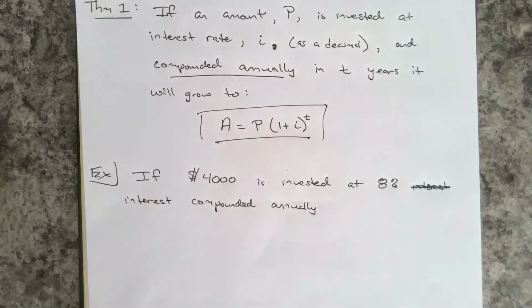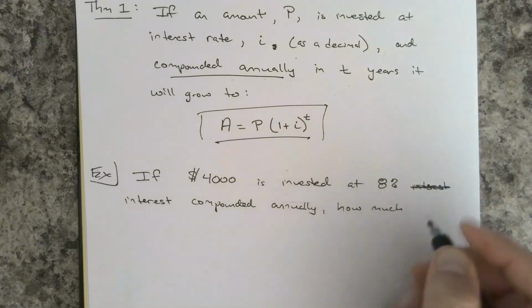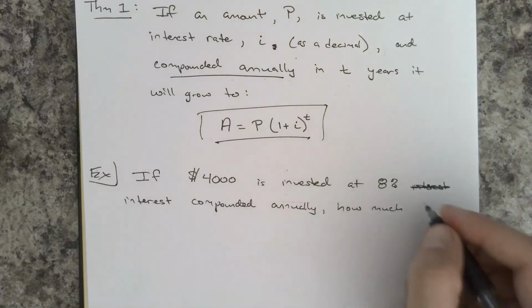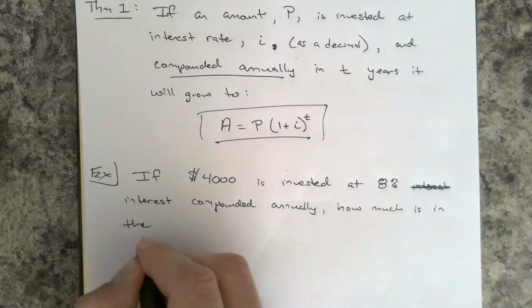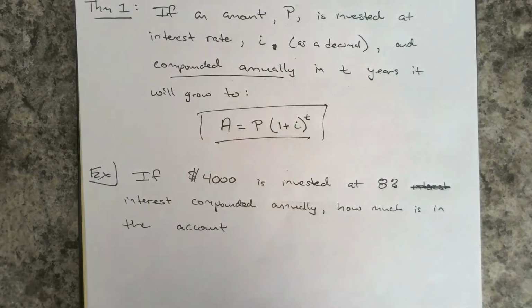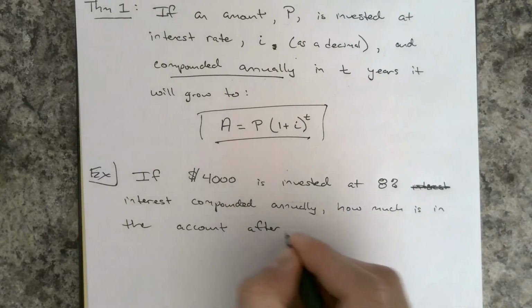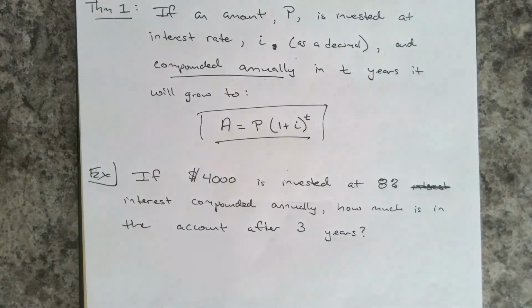Annually means once a year. How much is in the account after 3 years? So, I'd recommend pausing the video when I give you an example like this and trying it on your own, and then checking to see if your answer matches the answer that I provide.